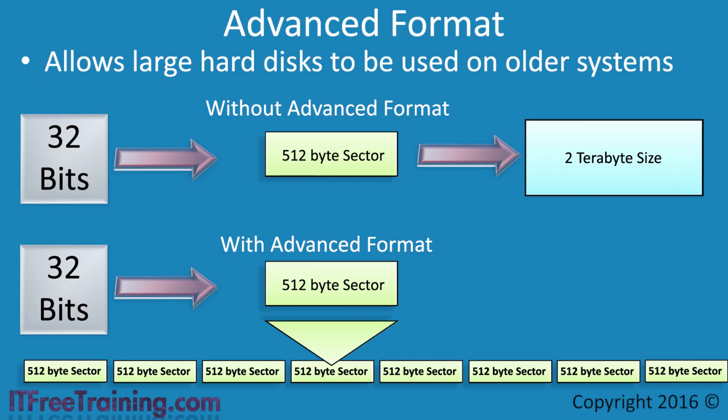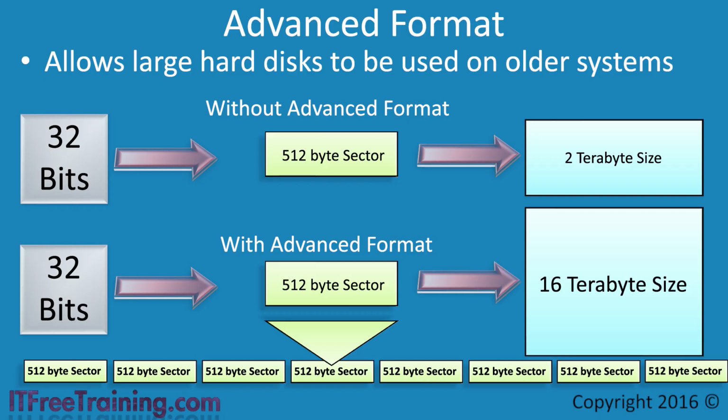Because of this, the hardware thinks it's accessing a 512-byte sector, but in reality is accessing 8 512-byte sectors, making the sector 4 kilobytes in size. The end result is that the old hardware can fully access up to 16 terabytes of data on the drive.